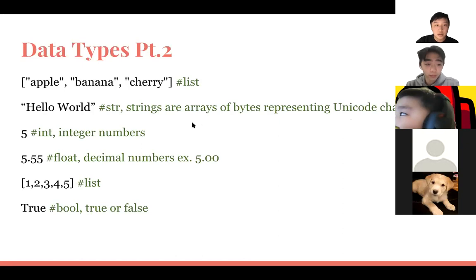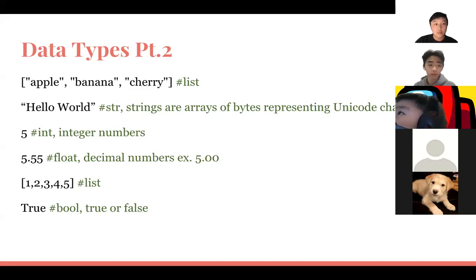We have comments saying strings are arrays of bytes representing Unicode characters. You don't really have to understand what this means. Just know that a string is basically characters that you can manipulate. The real difference between a string and an int is that an int has to be a number, a very specific number. It can't be a decimal number.